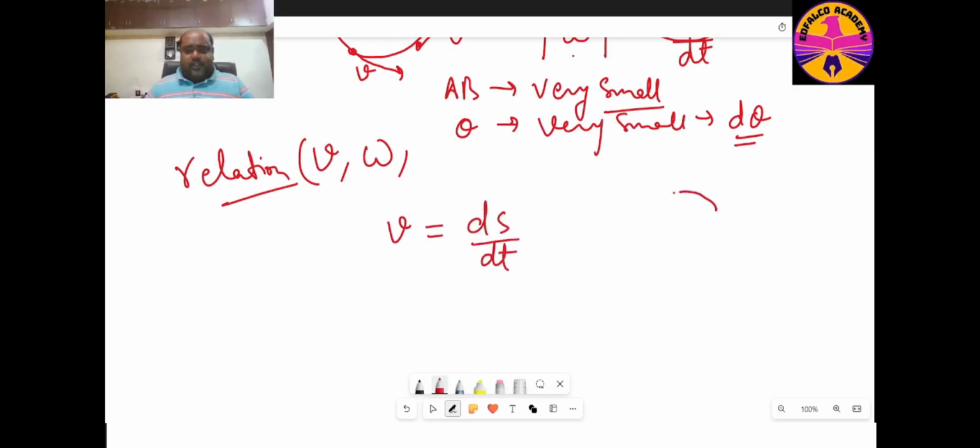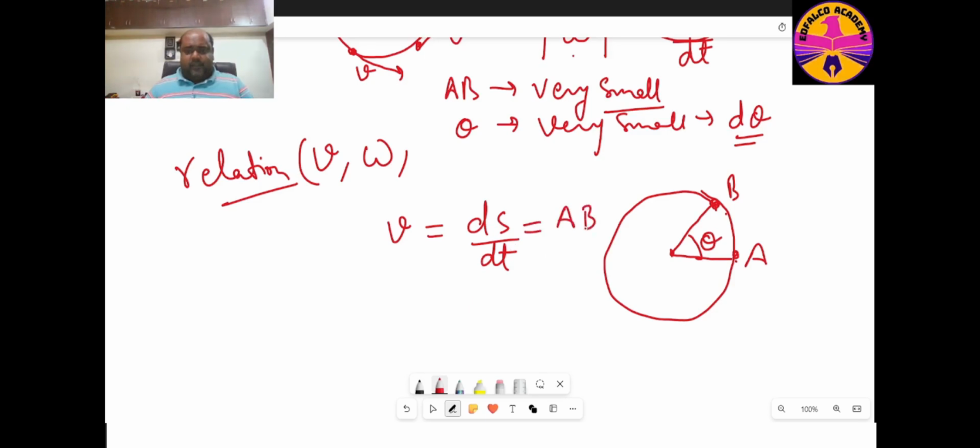Now let's concentrate on this circle, where the body has moved from point A to B, and in terms of angle, it has traversed theta angle. In this case, the displacement ds is nothing but AB.